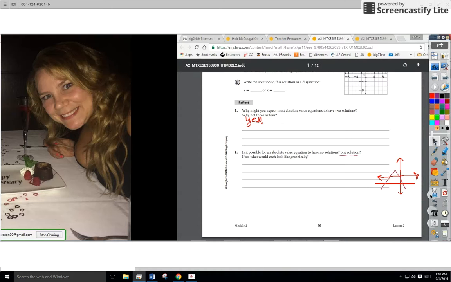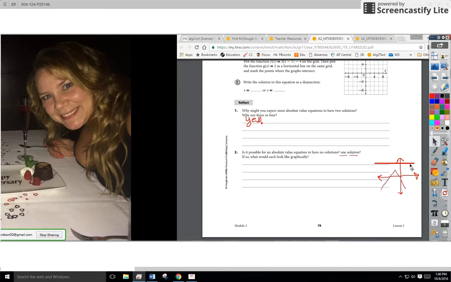Okay? If I was to slide it up, now how many solutions would this equation have if we wrote an equation from this graph? How many times does the line intersect the V? None. So there would be no solutions in this problem.